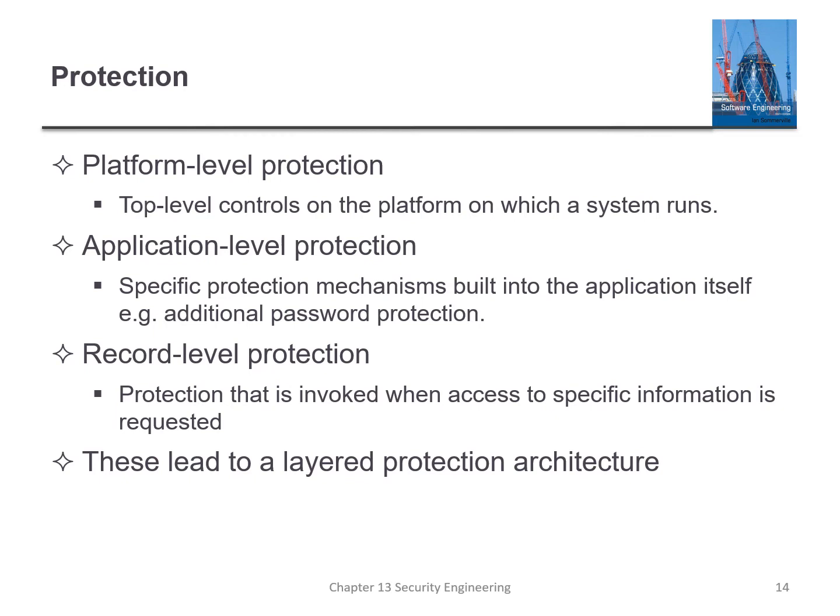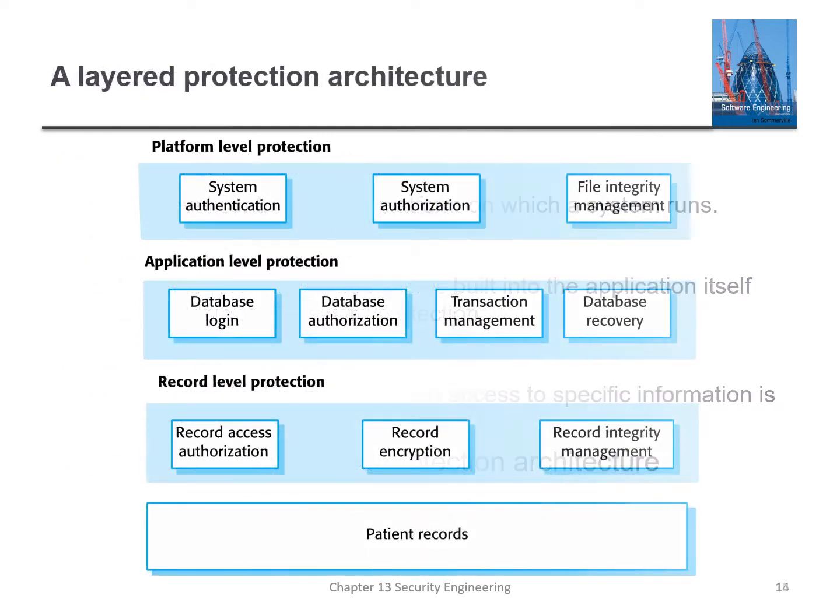And protection can also be done at the record level, so the protection is only invoked or called when access to a specific piece of information is requested. You can put that special request only on specific important data.